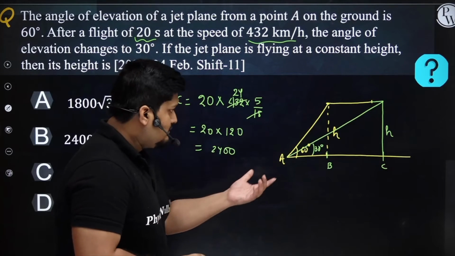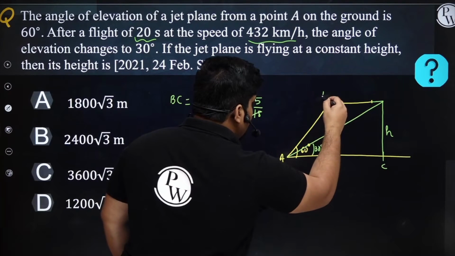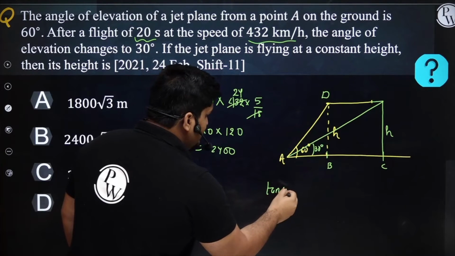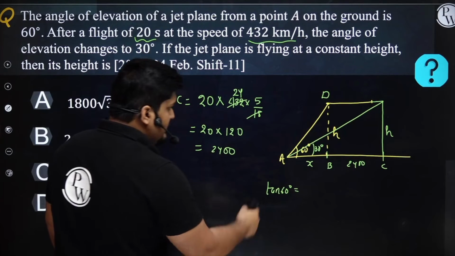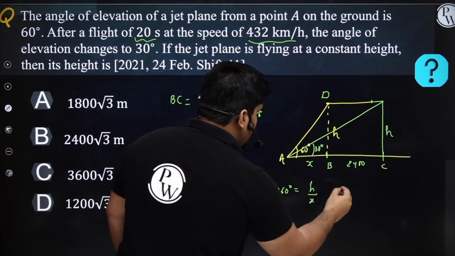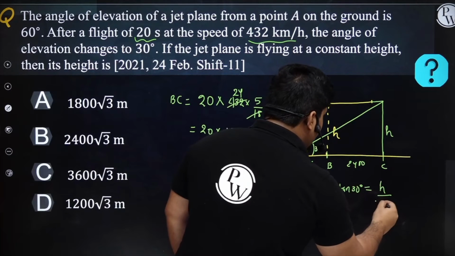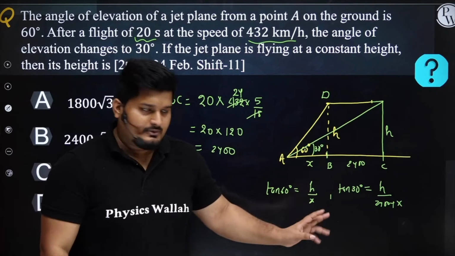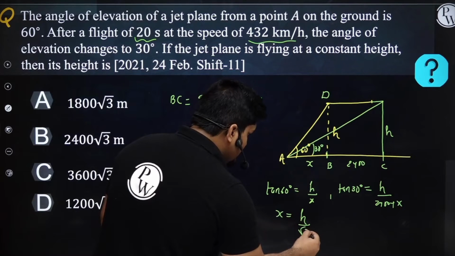Once we got BC length, we see what exactly we need. We need height. So in this triangle, suppose this is point D. In triangle ADB, this is 60 degree, so tan 60 degree is equal to H divided by X. And in the other triangle, tan 30 degree will be H divided by 2400 plus X. X is equal to H upon tan 60, and tan 60 is root 3, so X is H upon root 3.